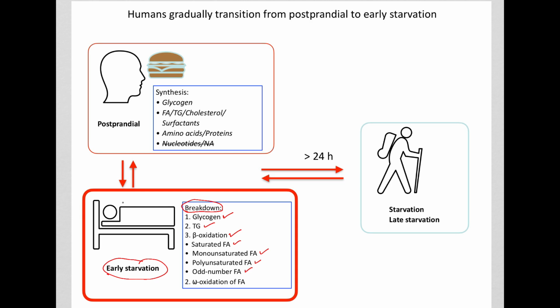Then we also discussed another type of oxidation besides beta-oxidation, omega-oxidation, and this leads to the formation of dicarboxylic fatty acids.